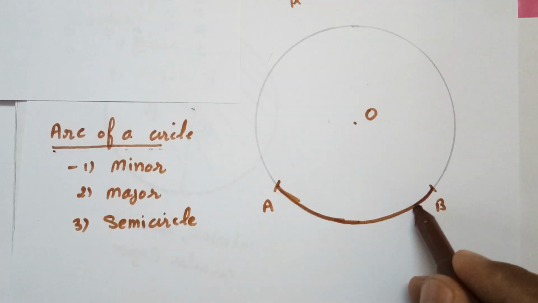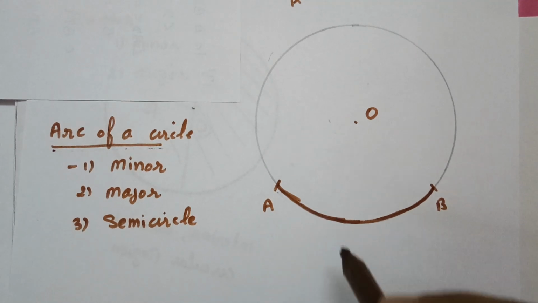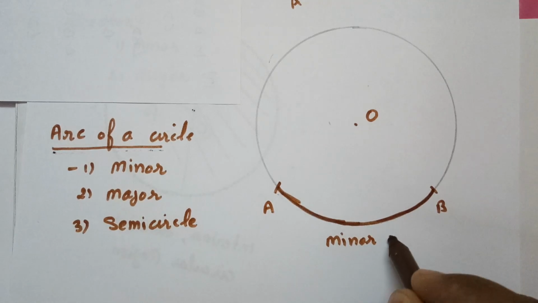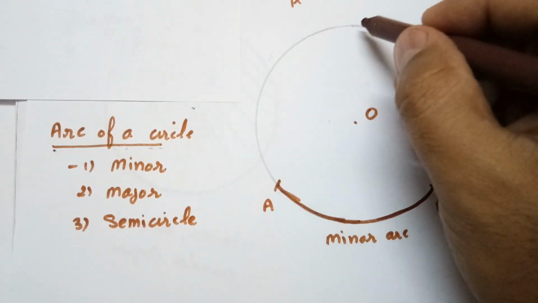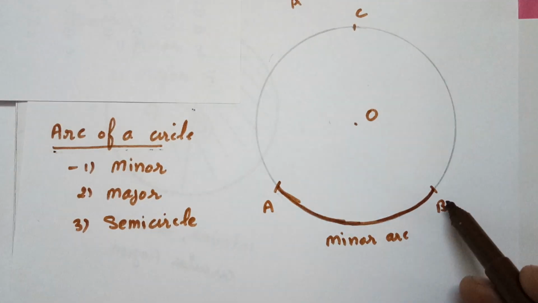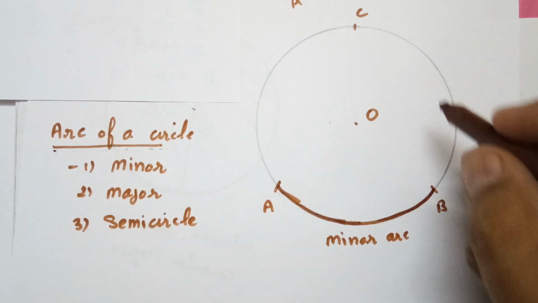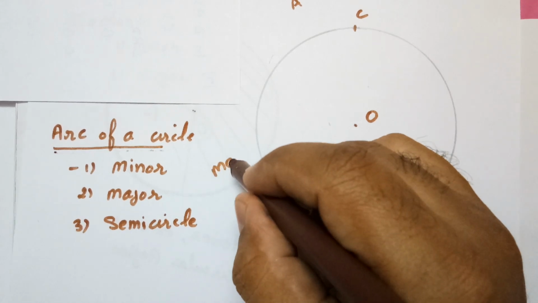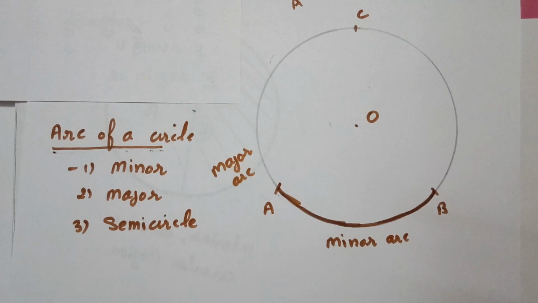If this part of the circle is small, then we will call it a minor arc, and the remaining part AB through point C, ACB, is the major part of the circle, so this is called the major arc.